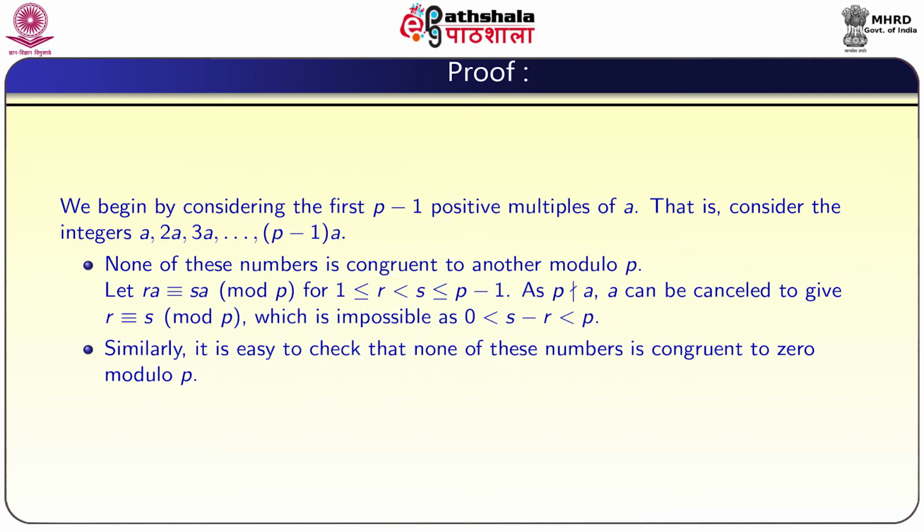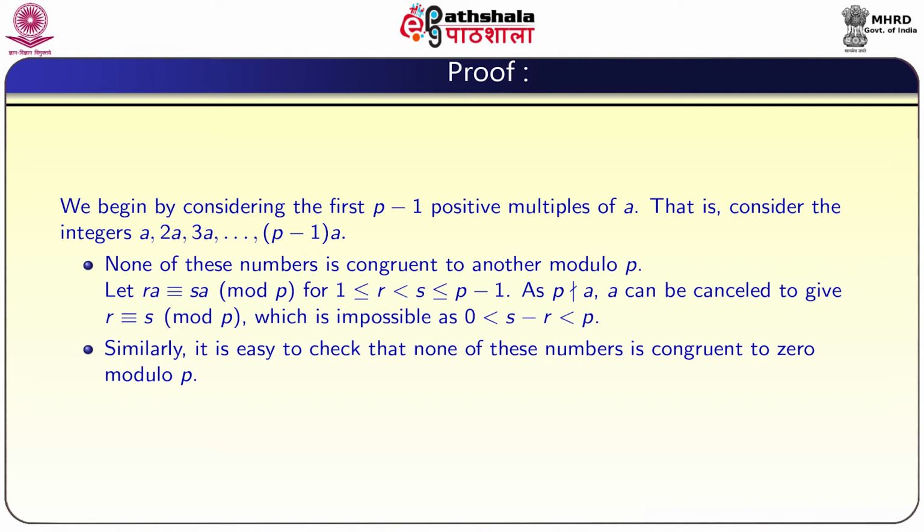Cancel means, if r a is congruent to s a mod p, then p divides r a minus s a, that is p divides a times (r minus s), but p does not divide a. So, p has to divide r minus s. As we proved one of the properties of prime numbers, if p divides a b, then p divides a or p divides b, from that we will get this.